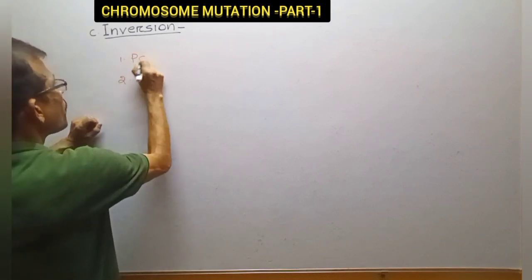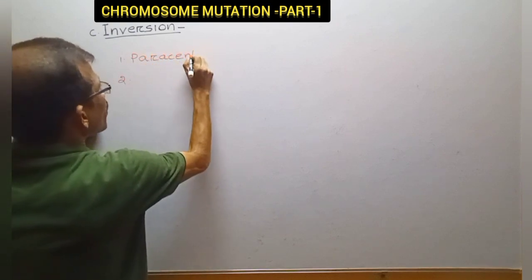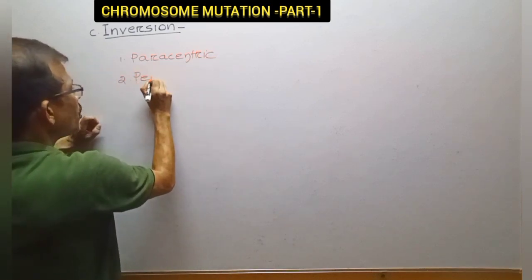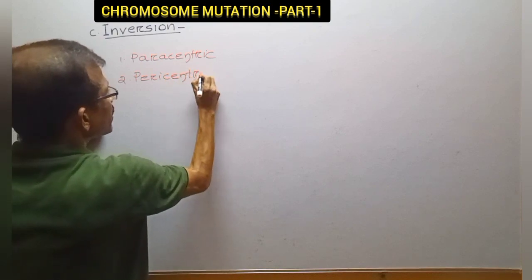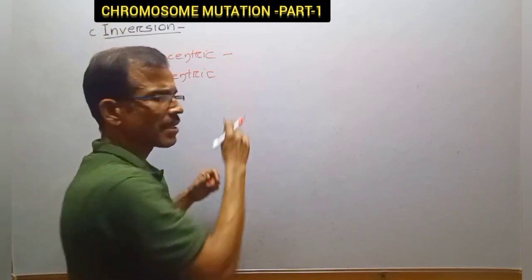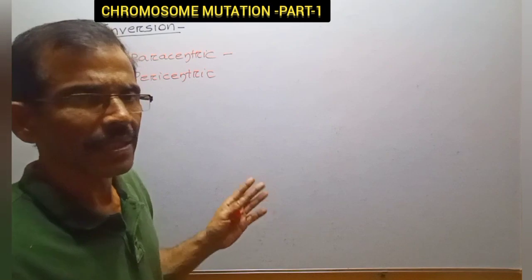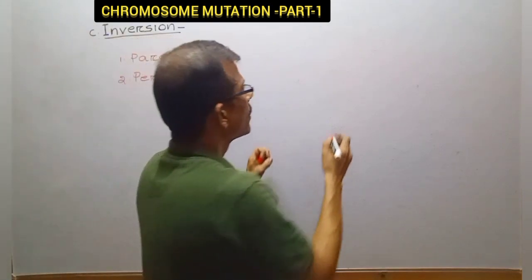Number 1, paracentric inversion, and number 2, pericentric inversion. The inversion in which the centromere is not included is known as paracentric inversion, and if the centromere is included, then it is known as pericentric inversion.